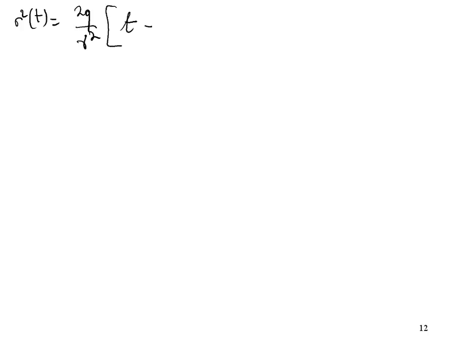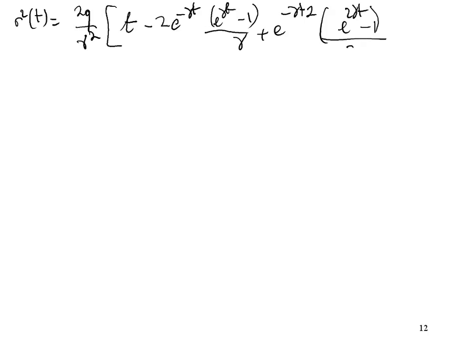This is t minus 2 exponential of minus gamma t times exponential of gamma t minus 1, divided by gamma, plus exponential of minus 2 gamma t, where we are missing a factor 2, times exponential of 2 gamma t minus 1, divided by 2 gamma.